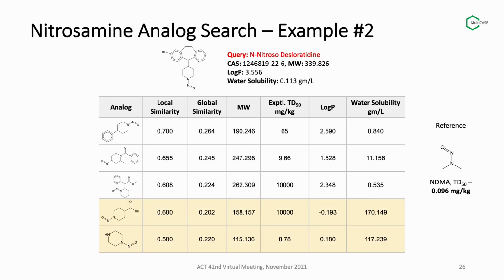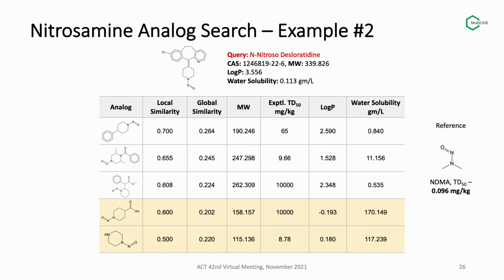This is another example of searching for analogs for a query nitrosamine, but in this case the nitrosamine is much bigger as compared to the previous one, and this is a reported nitrosamine impurity for the desloratadine drug.